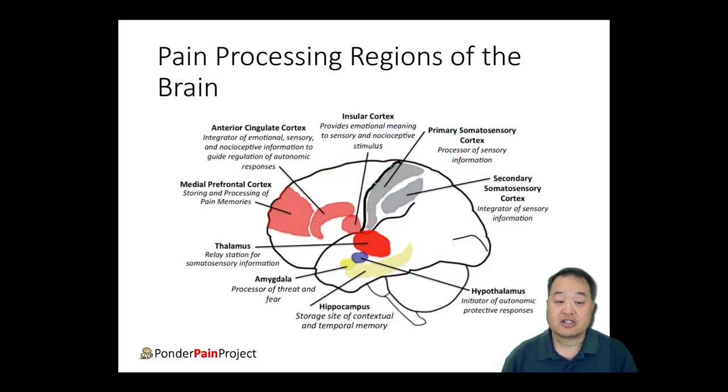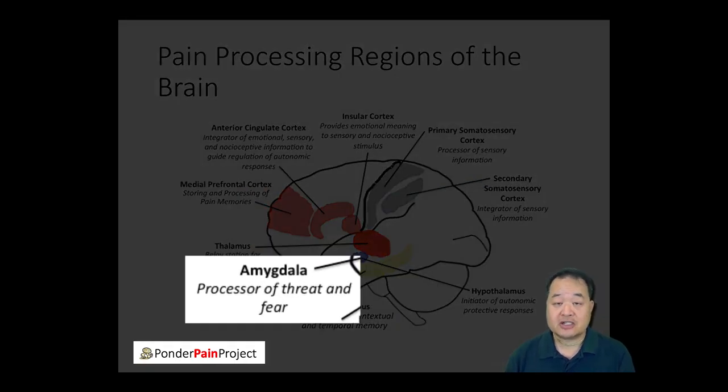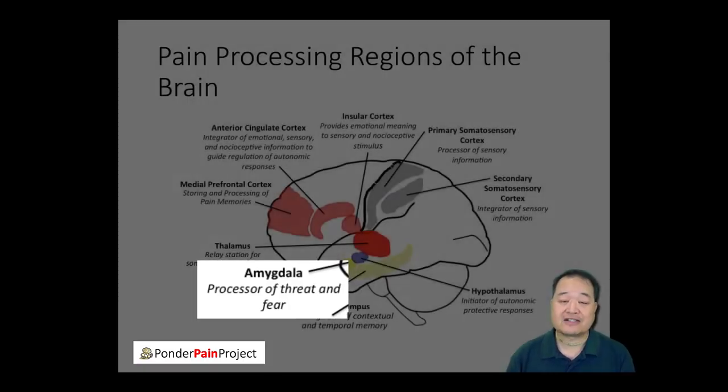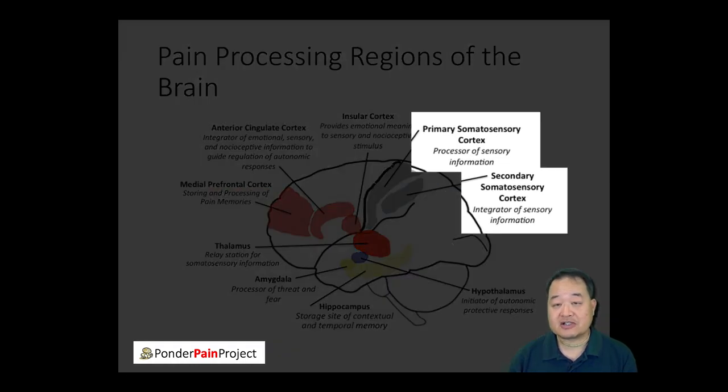So as we start to look at these special areas responsible for processing pain, what are they supposed to do and why are they important? Well, remember we first start to talk about the amygdala. The amygdala is important because it's an important memory structure. But in addition to being a memory structure, it's important for threat and fear processing. And we'll talk about why that's important in the future. We'll start to see the primary and secondary somatosensory cortex.